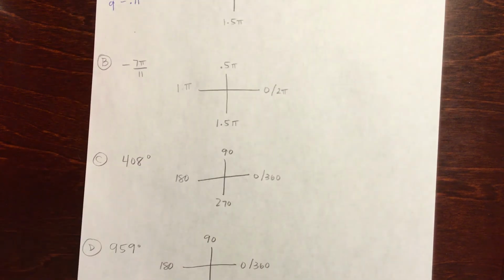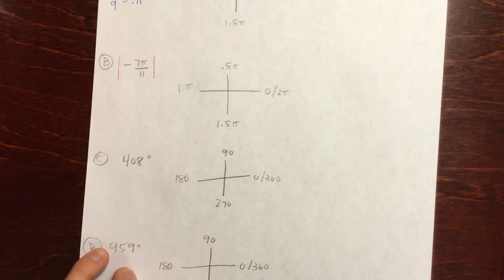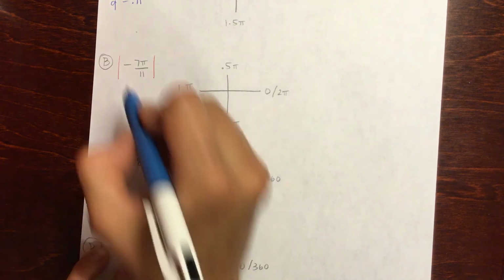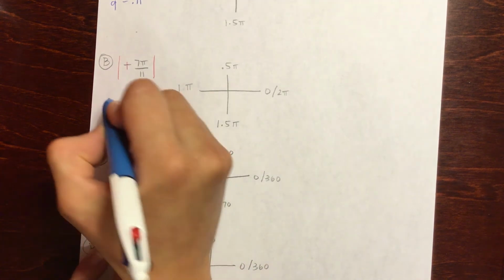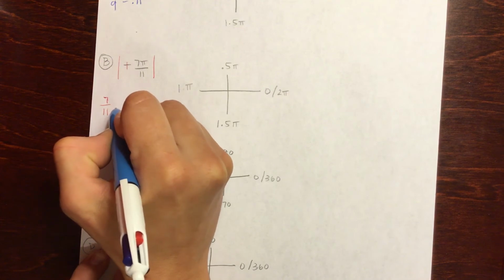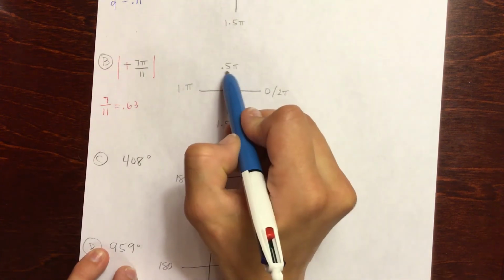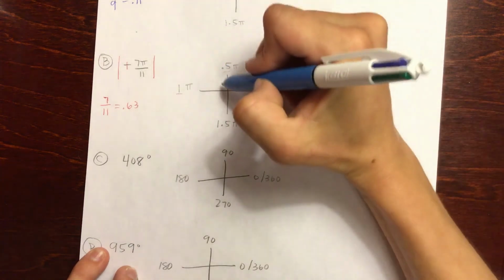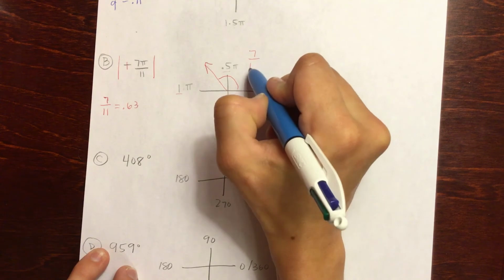I'm given a negative angle here, but remember I told you you can just pretend they're absolute values here. It's going to be the same regardless of whether this was negative or positive, so I'm going to just treat this as if it was a positive. As long as they don't ask us about which quadrant it's in, we're good. So 7 pi over 11. 7 over 11, type that into your calculator, it is 0.63. 0.63 is between 1/2 and 1. So this is 7/11.